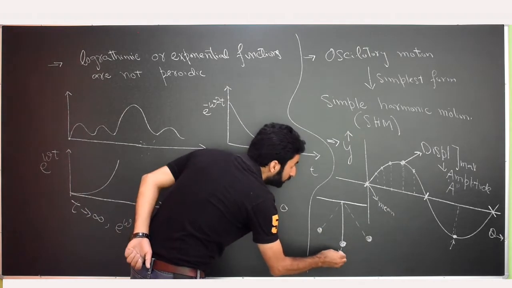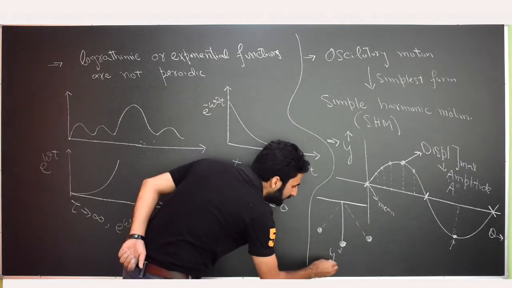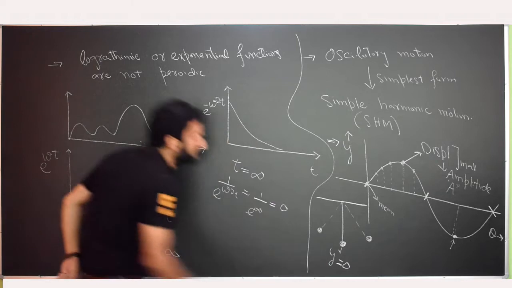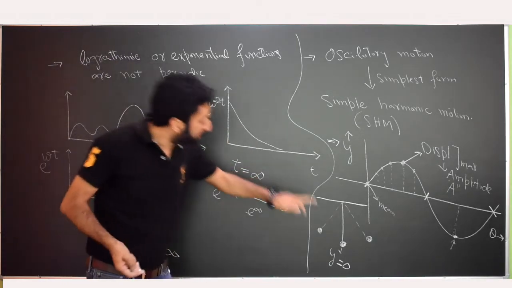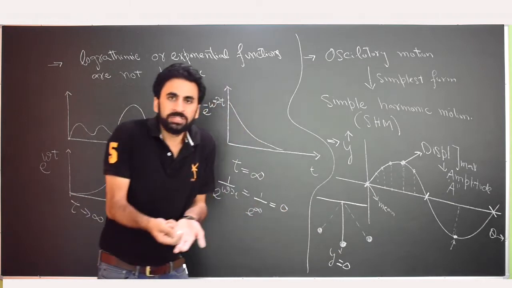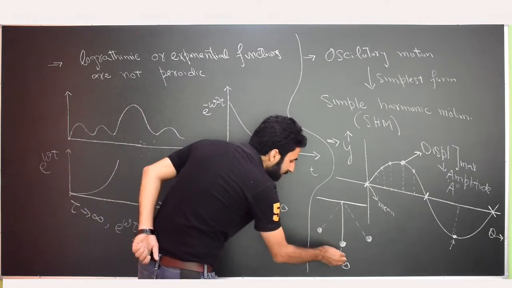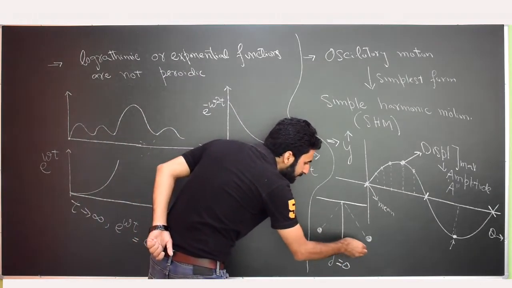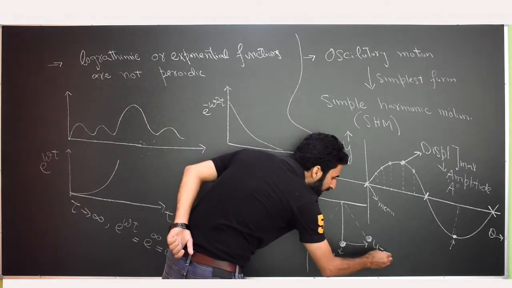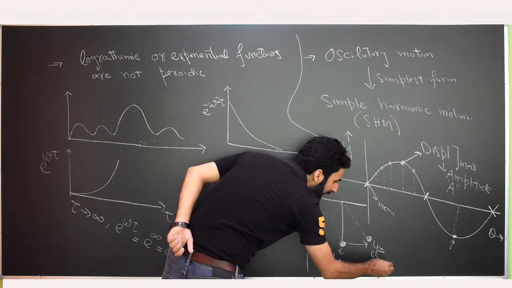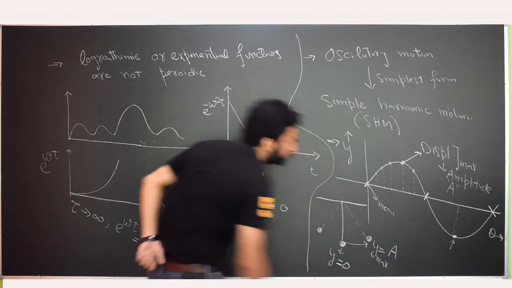Here, if we call the displacement y, y will be equal to 0 at the mean position of the particle. Once the particle moves, y increases, and at this position the displacement becomes maximum, and that is known as amplitude.